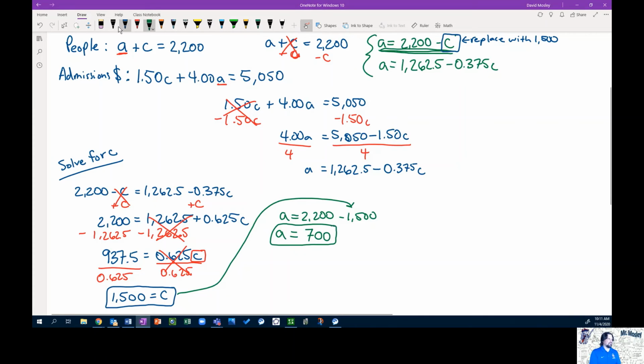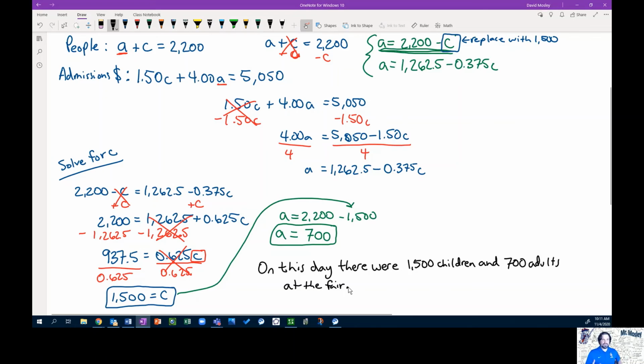So on this day, there were 1,500 children and 700 adults at the fair.